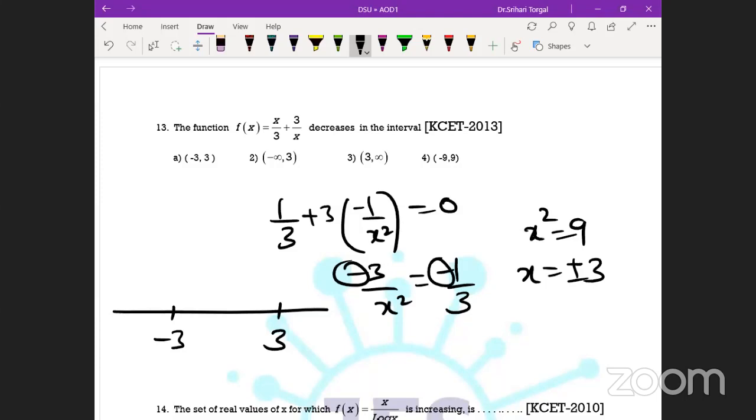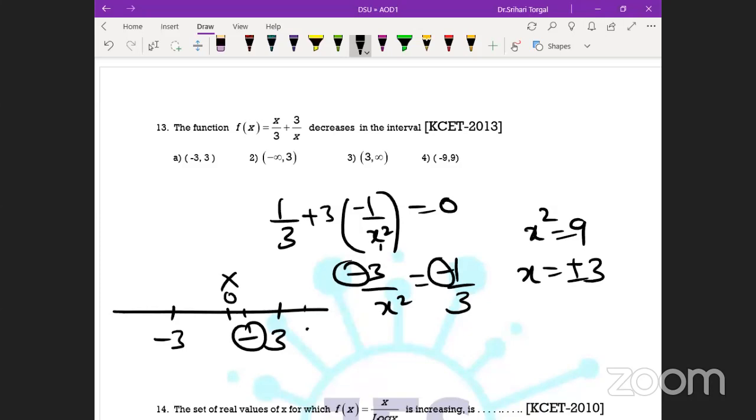Now I have to apply the value. I cannot apply 0 here. You should not consider 0 because if I put x equal to 0, the denominator will be 0 and this will become infinity. That is not allowed. If I consider any one value, let me take 1 here. If I put 1, 1 by 3 minus 3 will give a negative value. If I take 4 here, this will be 4 square, 16, which is much smaller than 1 by 3.